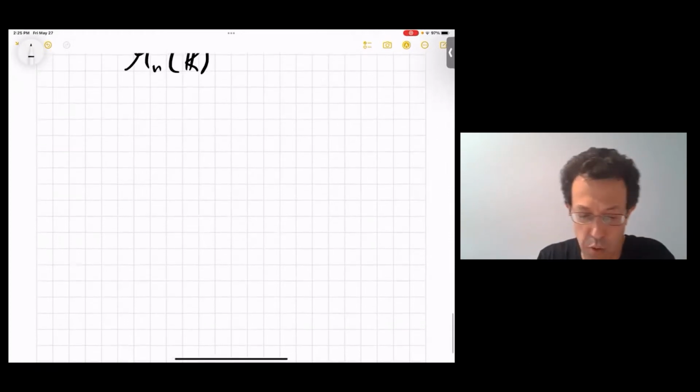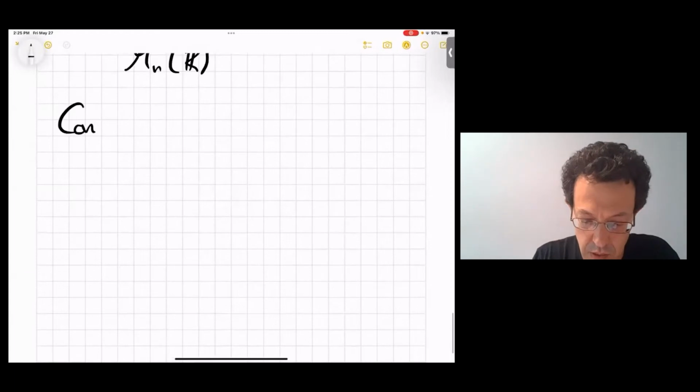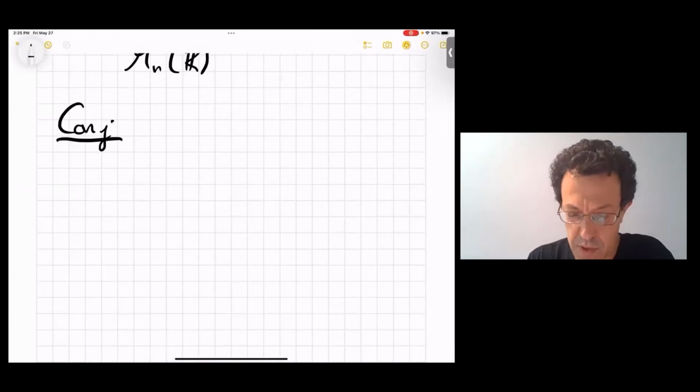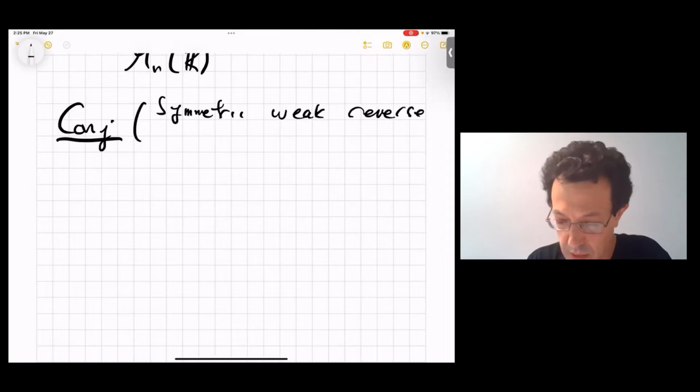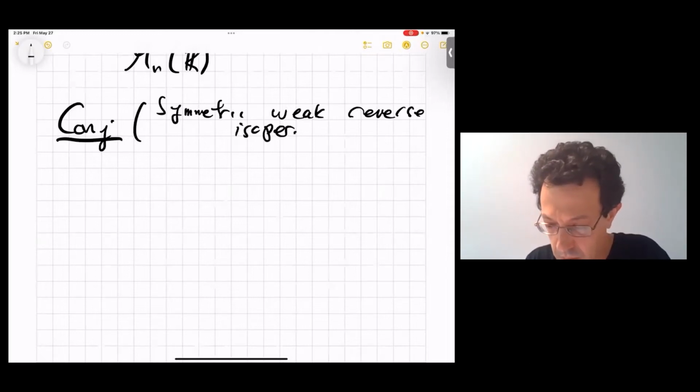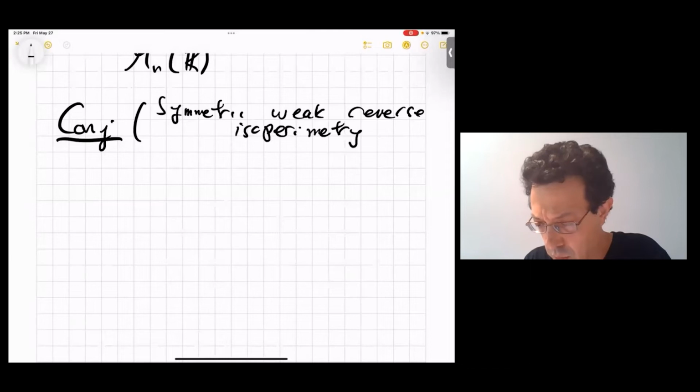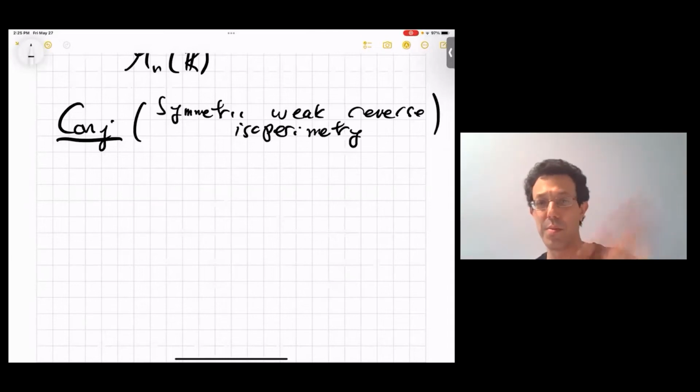So the conjecture in this case, the symmetrical version, you want to call it symmetric reverse isoperimetry. Then I don't have this S, and I won't forget it.